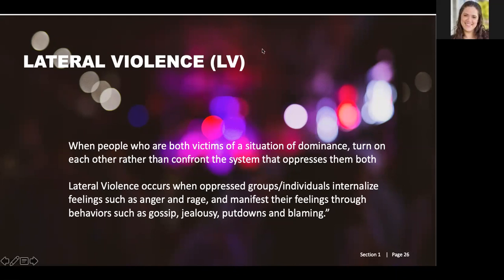And unless we're very aware of our triggers and what our histories are, and are working very hard to mitigate that for ourselves, we can engage in unhelpful behaviors in a workplace that aren't helpful for our colleagues and definitely aren't helpful for the clients that we serve. So the term lateral violence comes out of the nursing profession, but it has now been associated with tribal communities as maybe an outgrowth of children being removed and put in Indian industrial boarding schools.